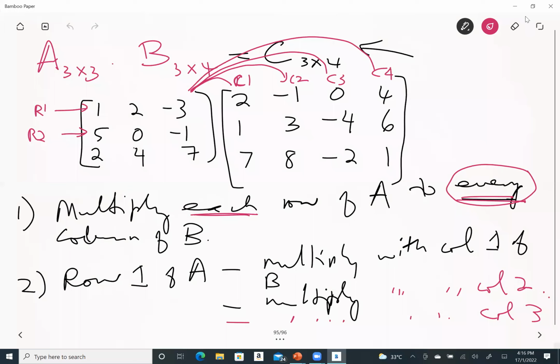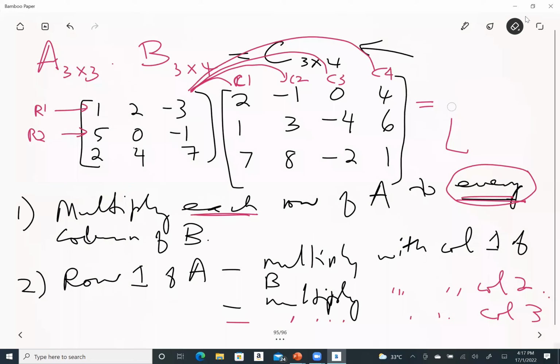Okay, now I want you to multiply this matrix. So I put an equal sign here. So here it should have 3 by 4. 3 by 4, 3 by 3, 3 by 4. So the product matrix will be 3 by 4.